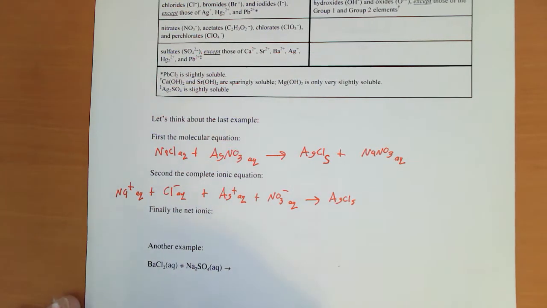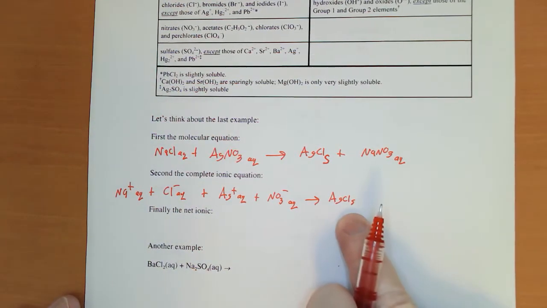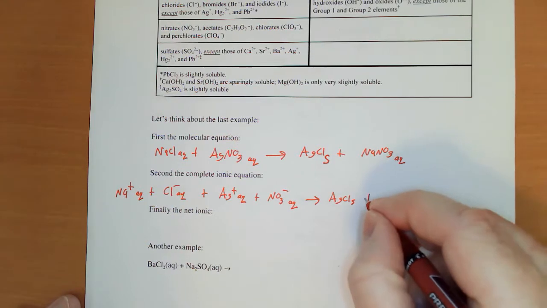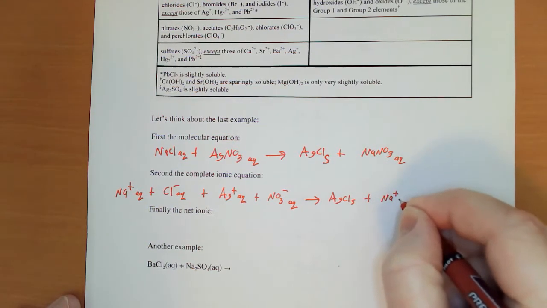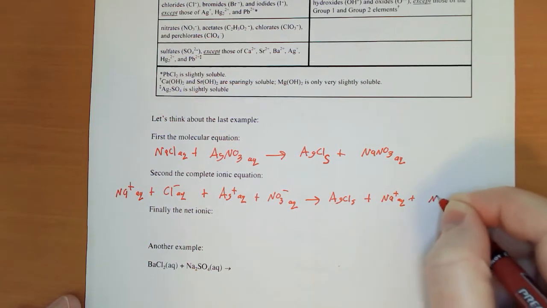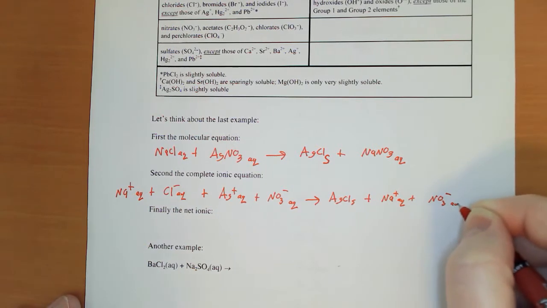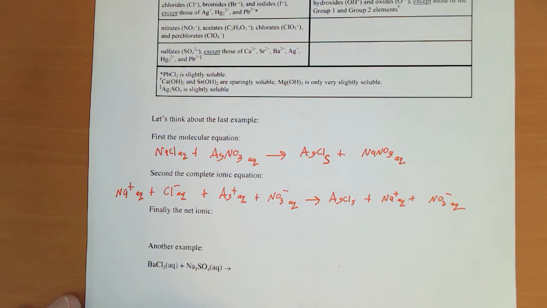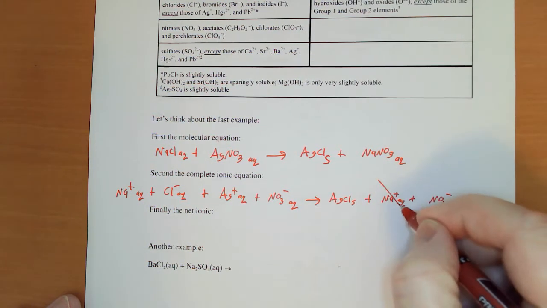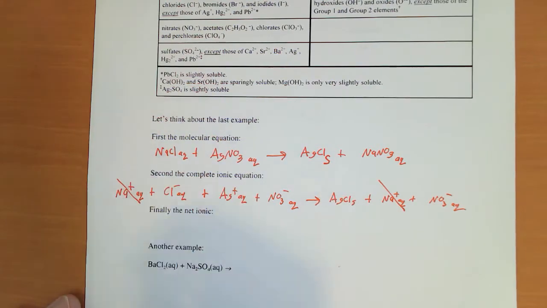I write that one together because it's a precipitate. And Na plus aqueous and NO3 minus aqueous. Okay. Now, just like in algebra, I see that I've got Na plus on both sides of that equation.